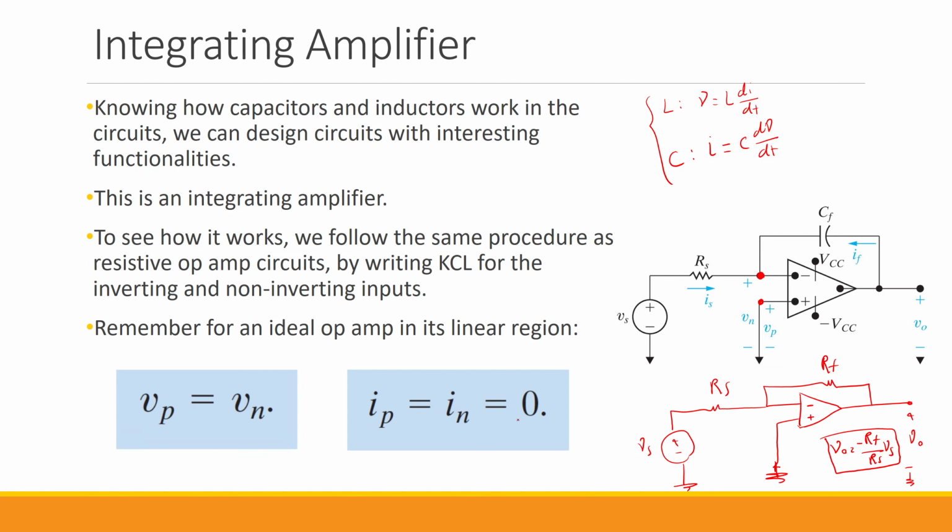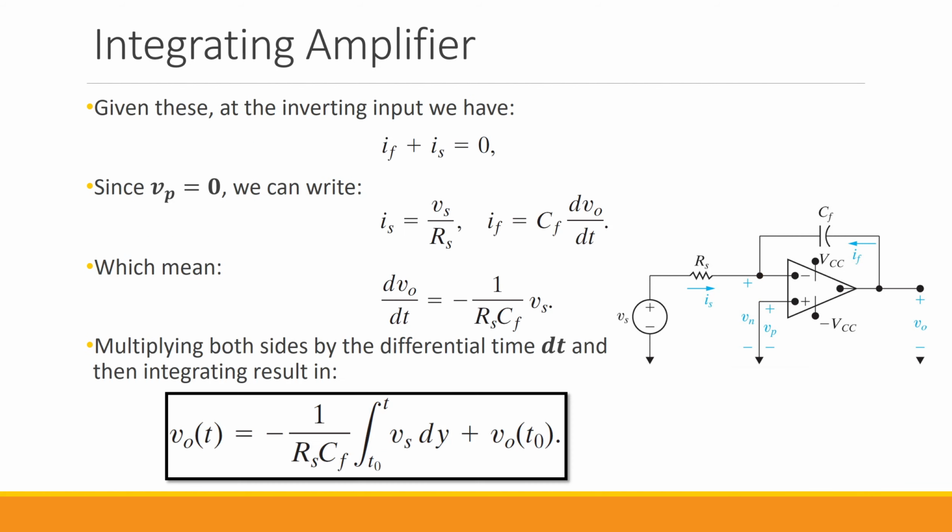The other constraint was with regard to the current of the op-amp. The current that went through the non-inverting input was equal to the current that went through the inverting input, and they were both zero, because of the high input resistance of the op-amp. Based on these two constraints, we can start solving this circuit.